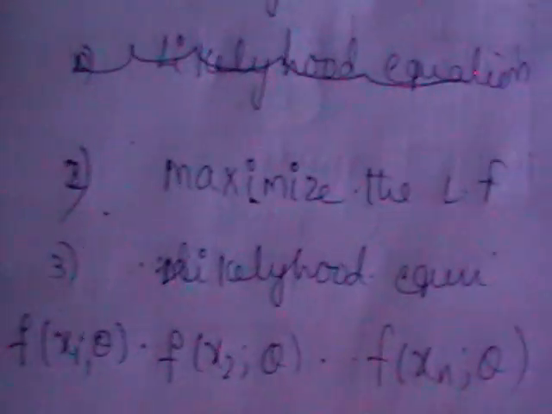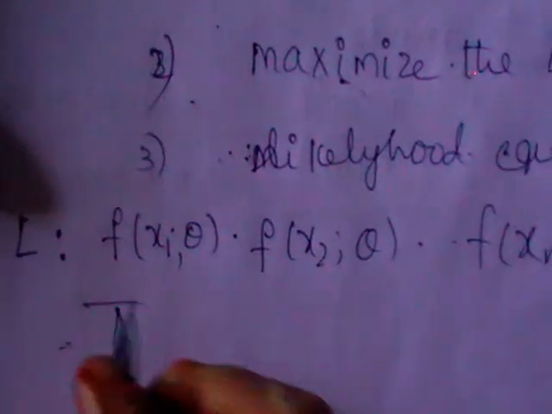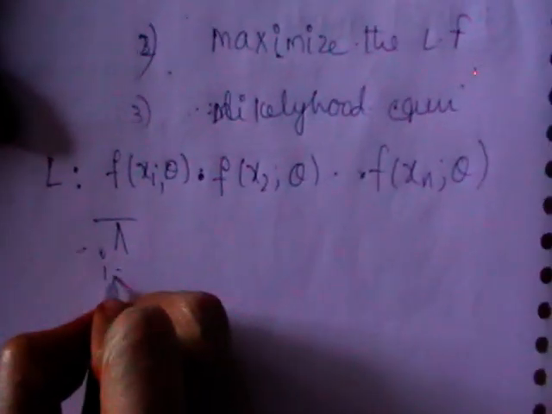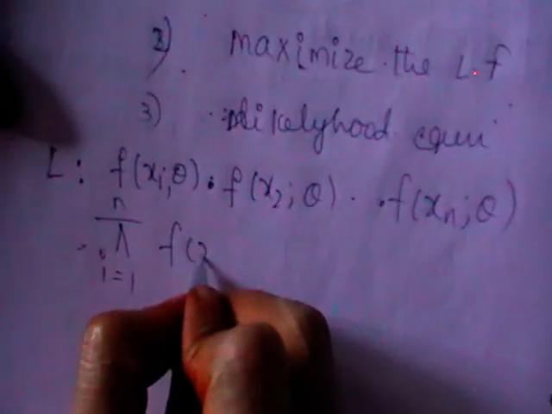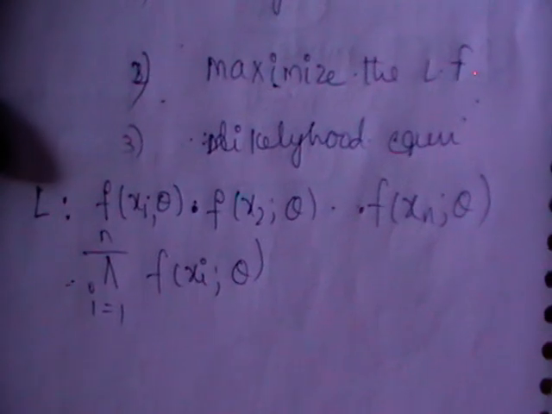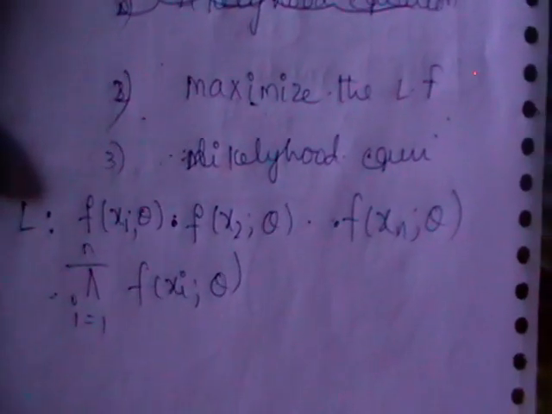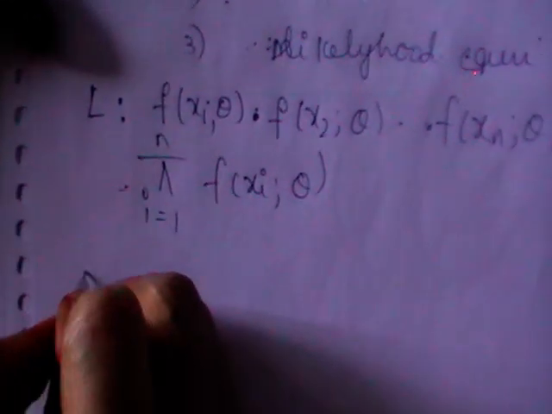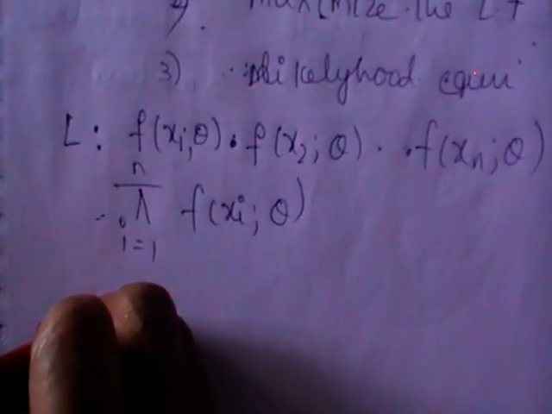If it were a sum we would write sigma, but all these are separated by multiplication, so we write it with pi, product of f(xi, theta). First you write the likelihood function by taking the product of the n PDFs.